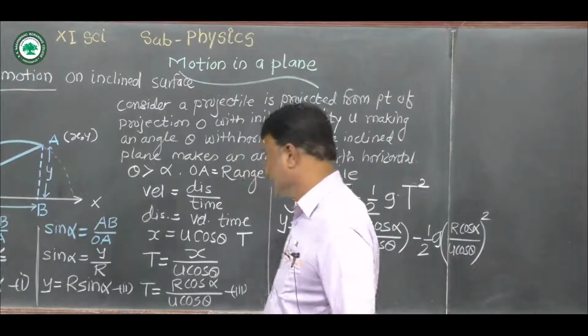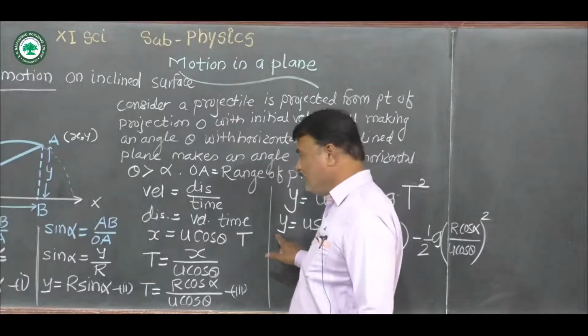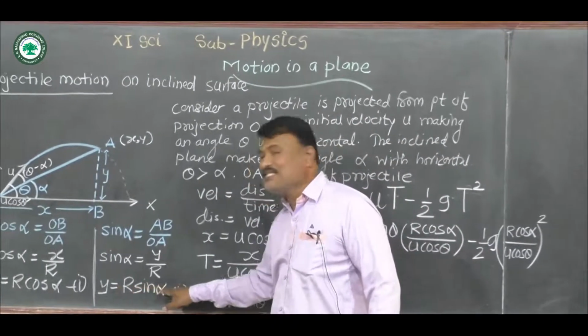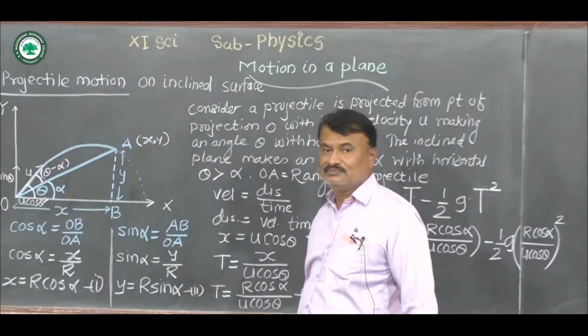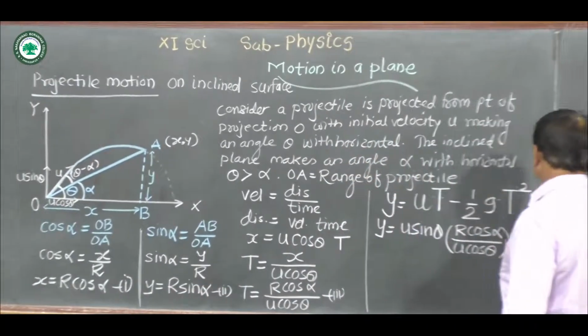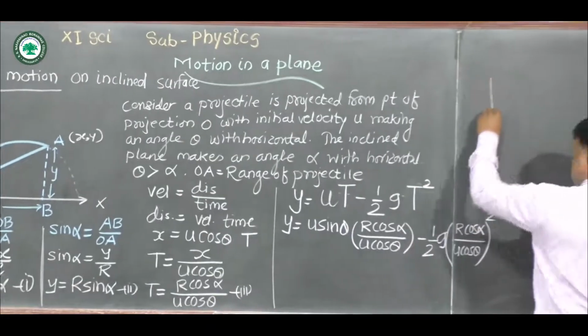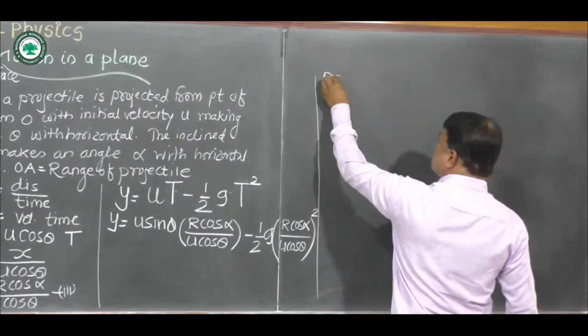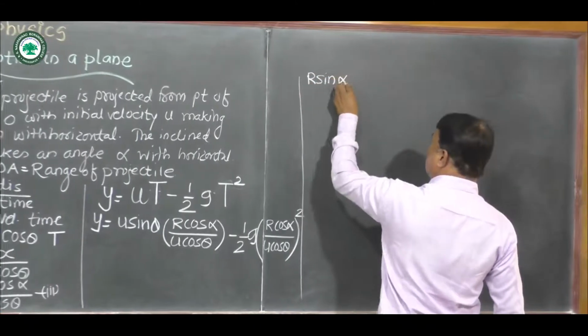Now this y, according to equation 2, is equal to r sin alpha. That's why we substitute here y is equal to r sin alpha.